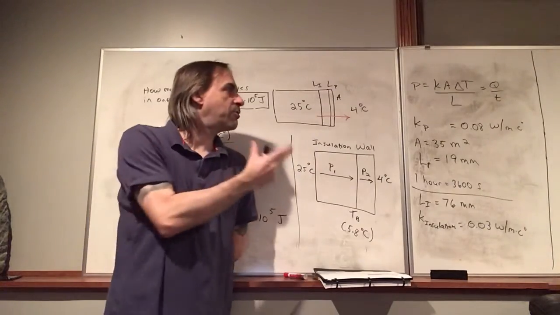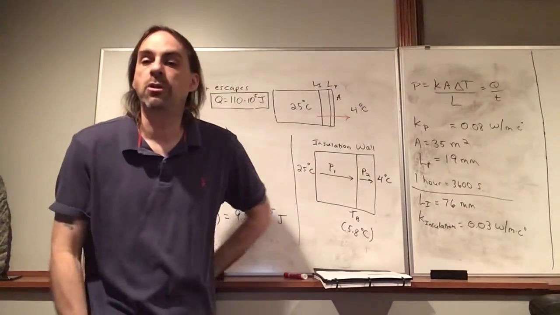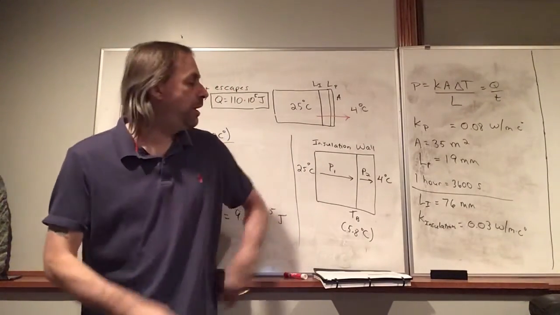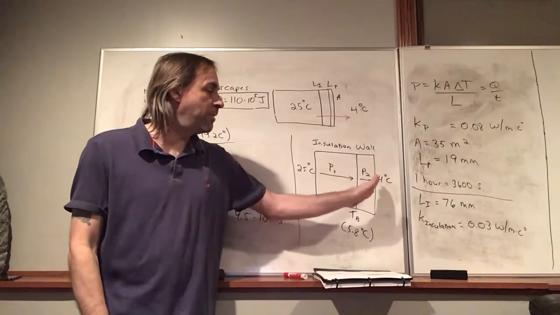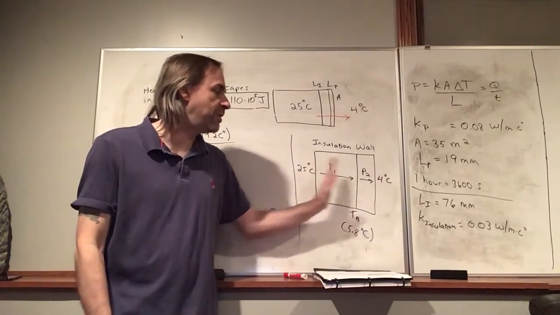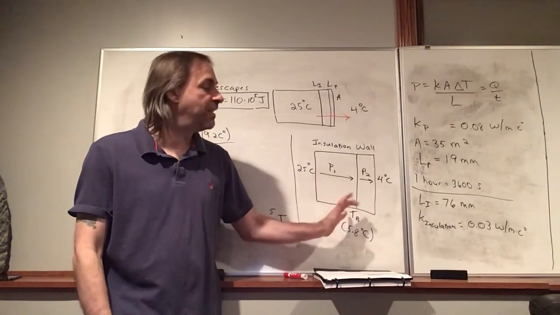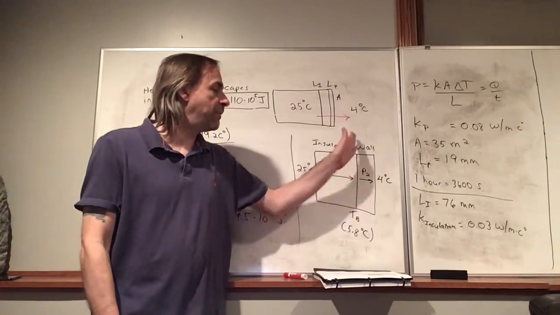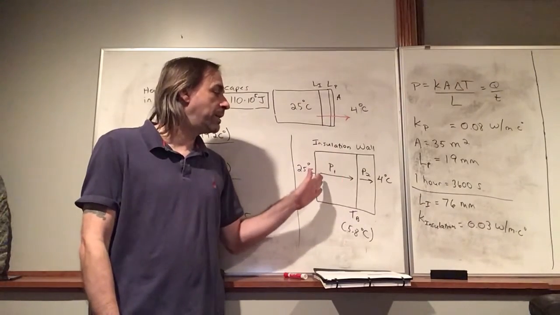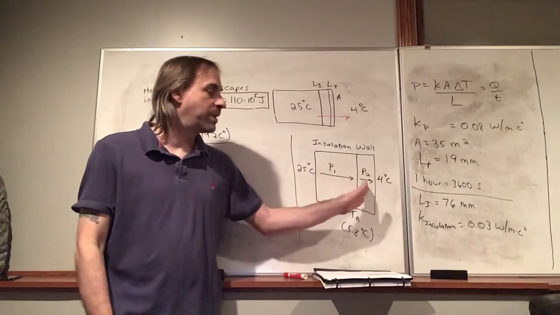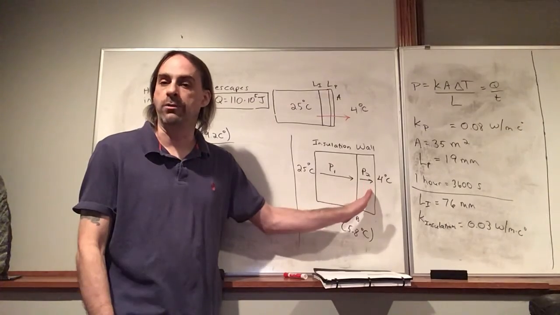So remember, it's either straightforward, just plugging into an equation, or if it's different materials, or even if it's the same material but for some reason you want to know the temperature at some point in the middle, then you have to do this. You have to draw that boundary layer and say that the rate of energy flow is going to be the same on both sides of that boundary.